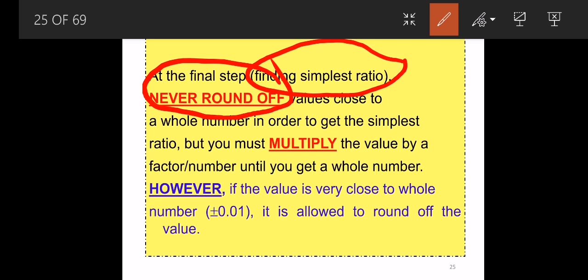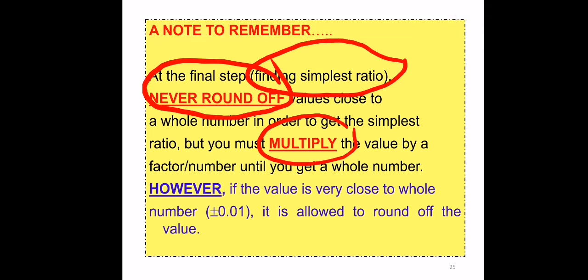Instead, you must multiply the value by a factor, maybe times 2, times 3, times 4, or times 5, until you get a whole number. However, if the value is very close to a whole number, plus or minus 0.01, it is allowed to round off the value.